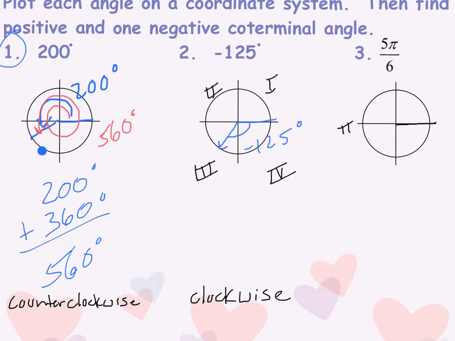And I can tell from here that because pi is 6 pi over 6, this is a little bit less. We don't quite get to pi. And so I would mark right there. That's 5 pi over 6. I opened up counterclockwise, and it's marked with a little arc going counterclockwise up to the terminal side, which is just a little bit short of pi. So that's how we mark them.